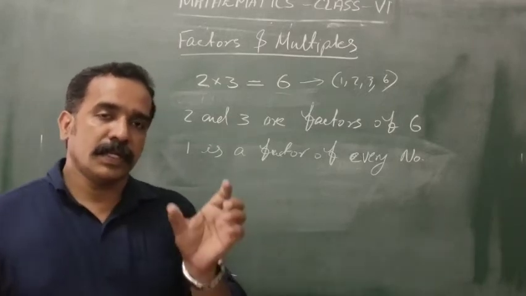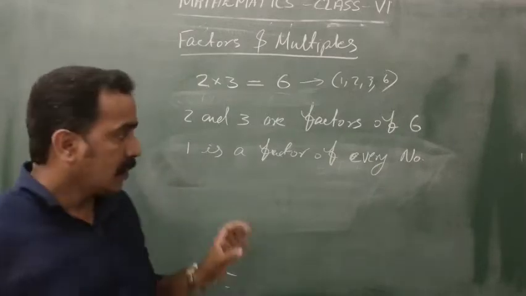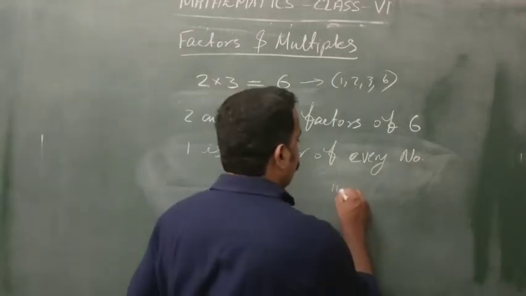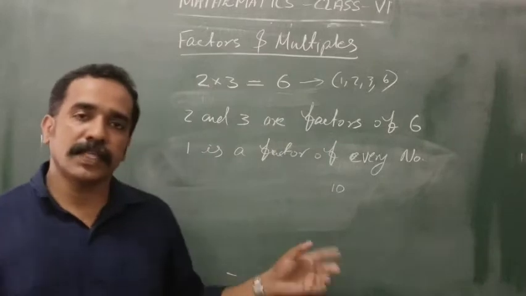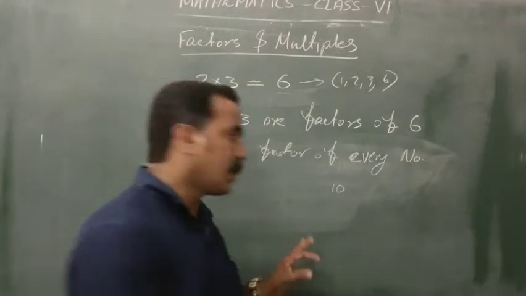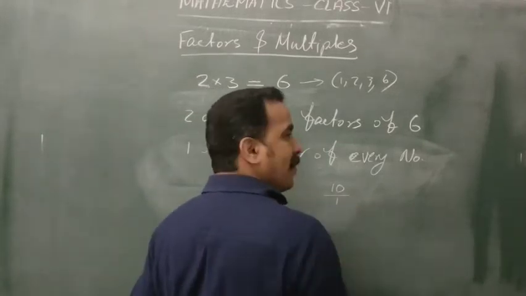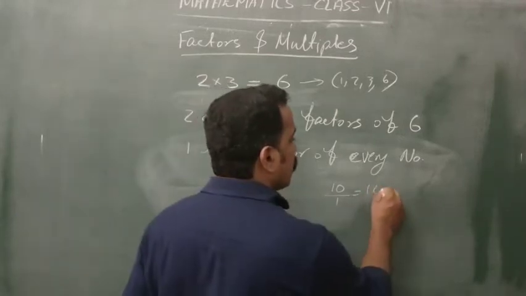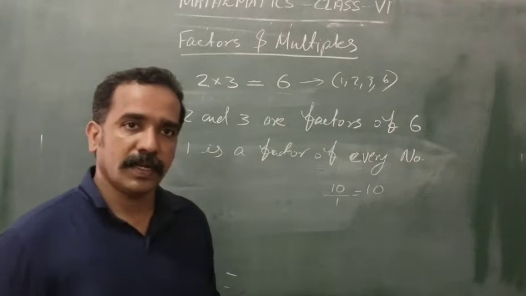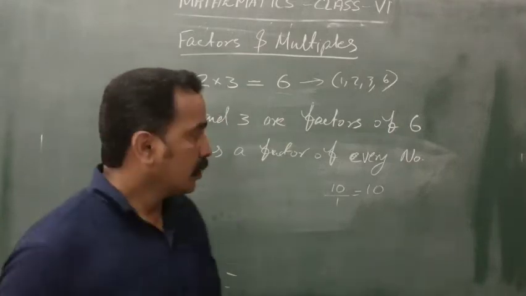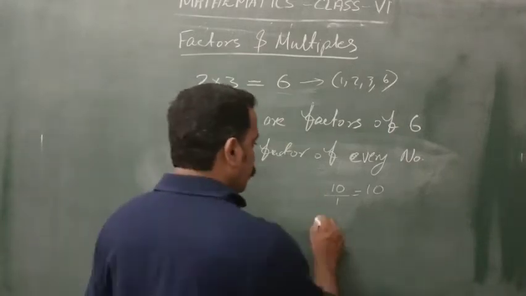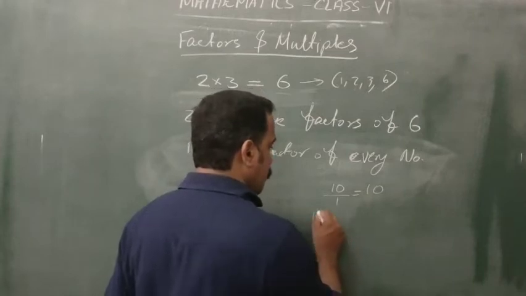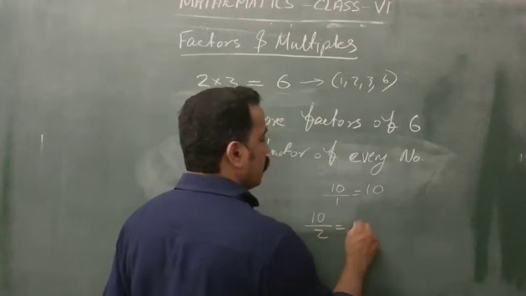Or factor means, if a number is there, suppose 10 if you take. 1 is a factor of 10 means we can divide 10 by 1 completely. 10 divided by 1 is equal to 10. That is another meaning. So another factor, 2 is a factor of 10. That means 10 divided by 2 is equal to 5.